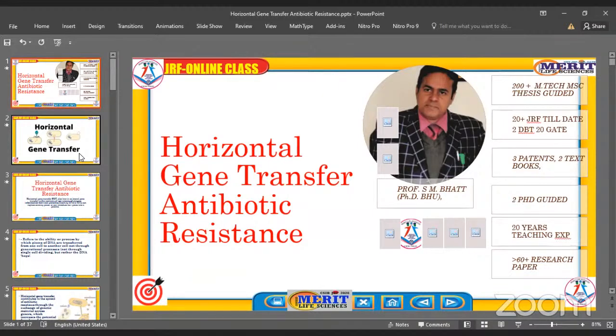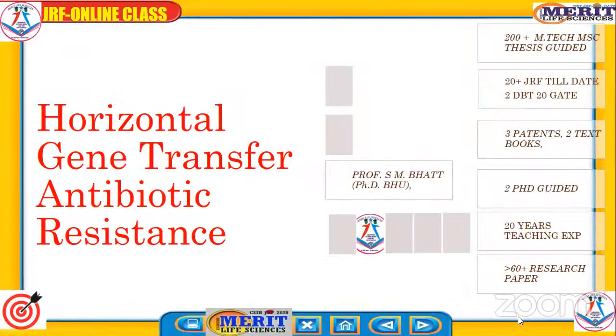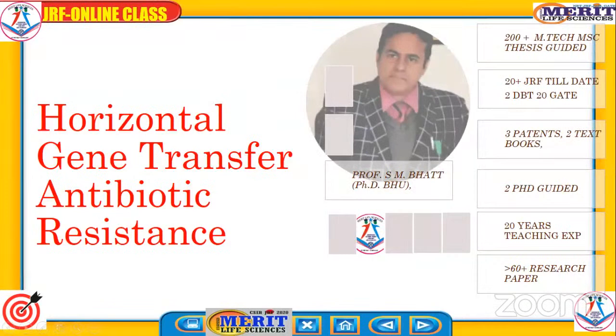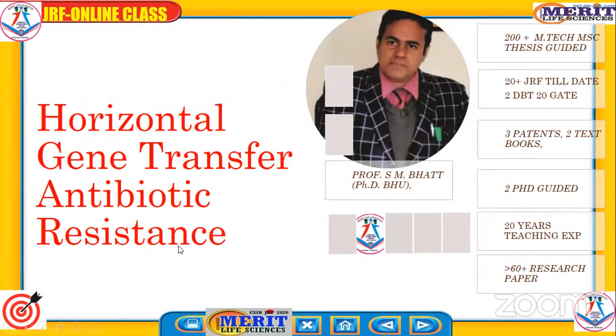So let us start today's topic about horizontal transfer and antibiotic resistance. How the gene is responsible for developing antibiotic resistance when there are a lot of infections.